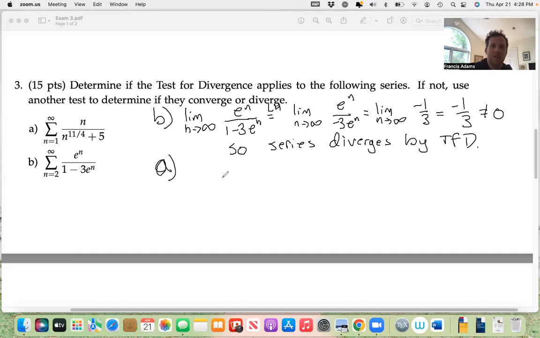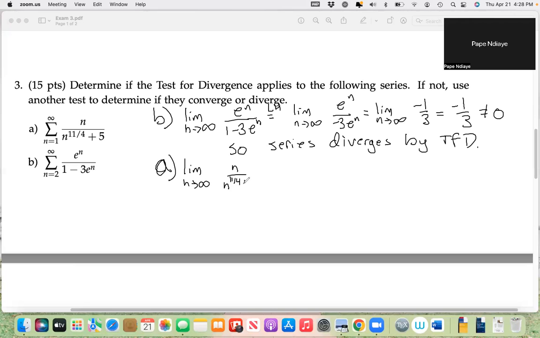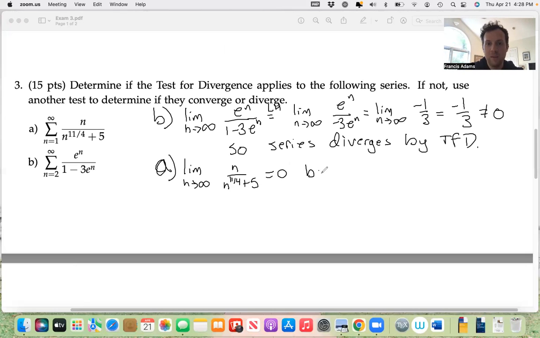So A, in this case, this is saying, try the test for divergence and see what happens. And in this case, you can either use L'Hopital's rule again. Because we have powers of n, we can do it a little faster, and we can say this limit is 0 because the bottom power is bigger.